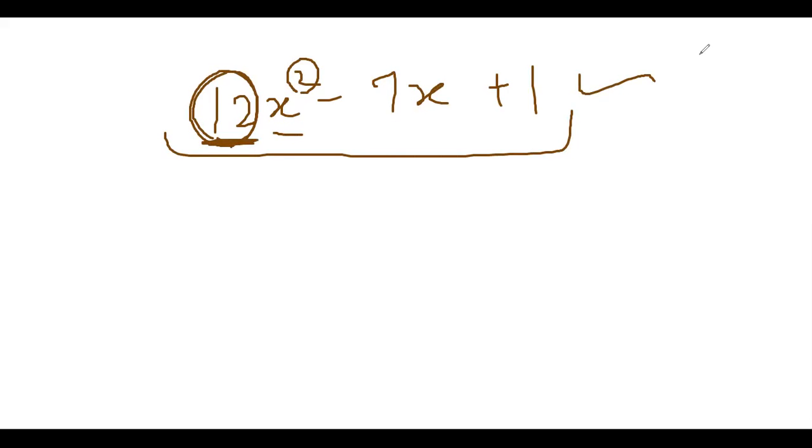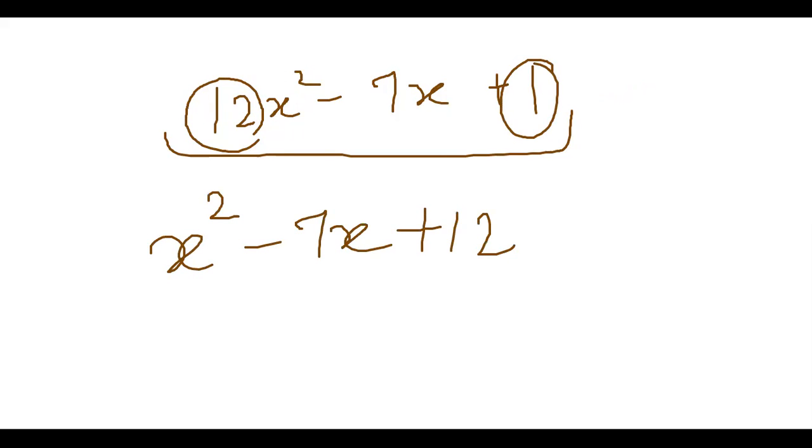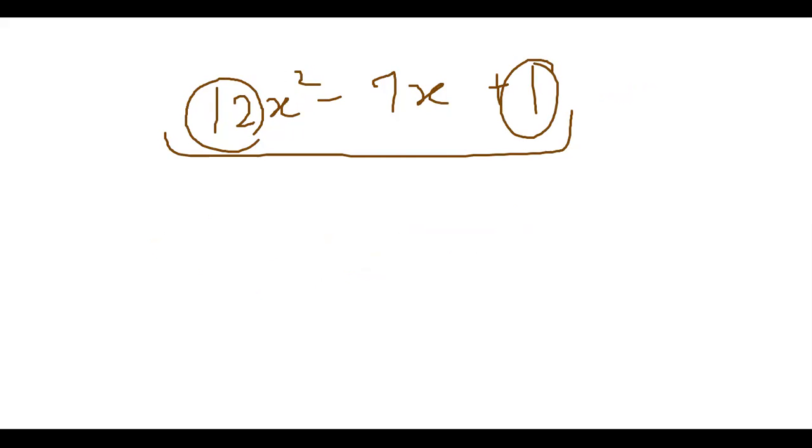So how to do it? See, first step, this 12 and this 1 we multiply. अगर हमारे पास ऐसे इक्वेशन हो x square minus 7x plus 12, सो हम क्या चेक करते थे? मल्टीप्लाई करने पर 12 एंड प्लस माइनस करने पर -7, like this. तो यहाँ पर 12 here है. So if we have coefficient of x square also, then what we do here, we will multiply 12 by 1, constant term से x square के coefficient को multiply कर देंगे.